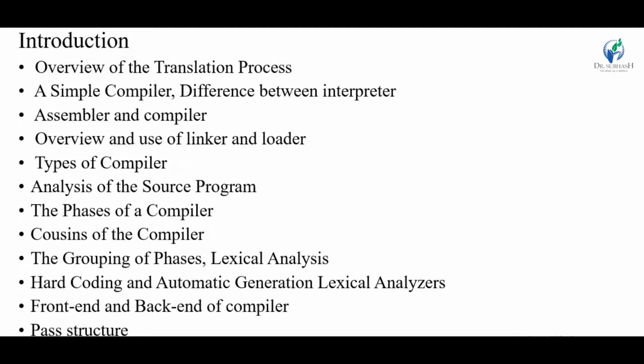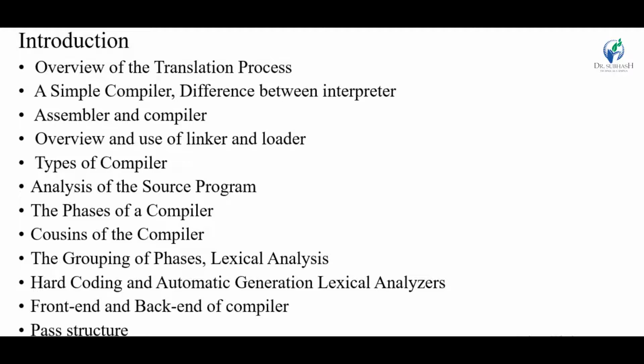A translator is either a compiler, interpreter or assembler. We showed that a compiler is a program that translates source code to target code, while an interpreter is also a translator which translates source code to target code.